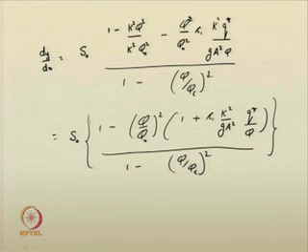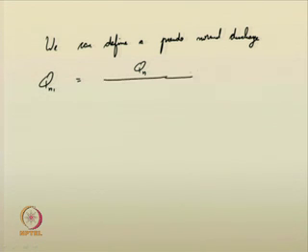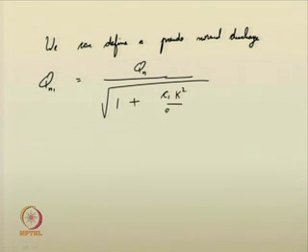Instead of writing Q by Qn whole squared into 1 plus C1 Q square k squared by Ga square Q star by Q, we can define a pseudo normal discharge Qn1, which is nothing but equal to the normal discharge that would have been for that corresponding depth, Qn, divided by root of 1 plus C1 k squared by Ga square Q star by Q. Like this you can easily define the thing.